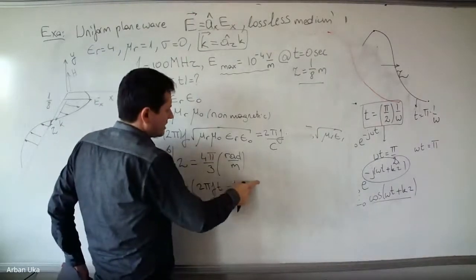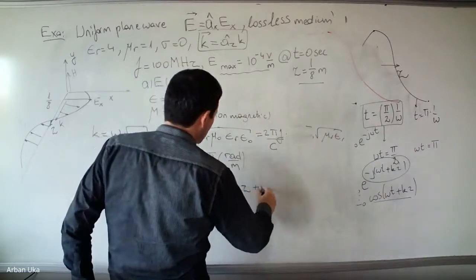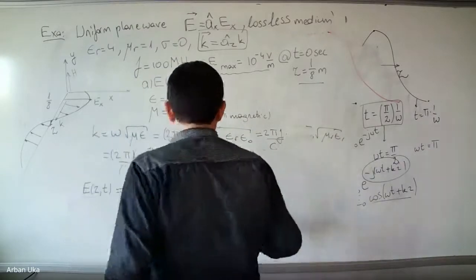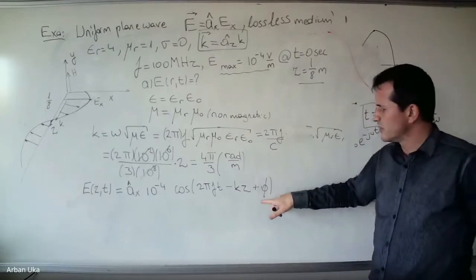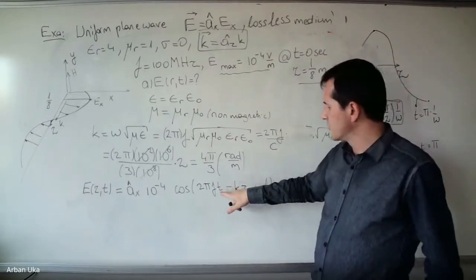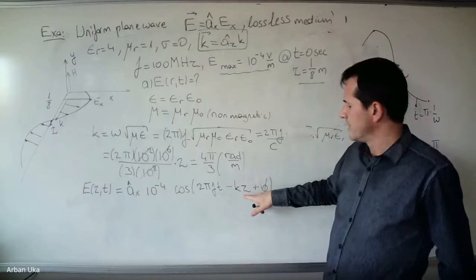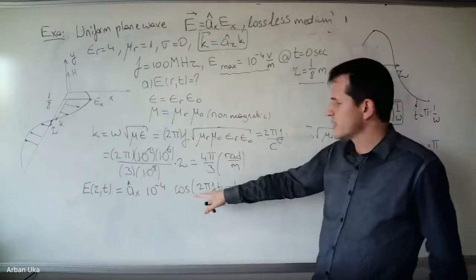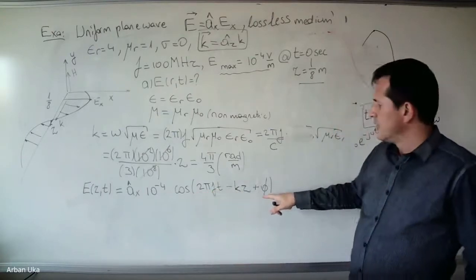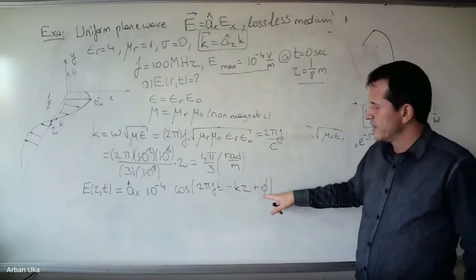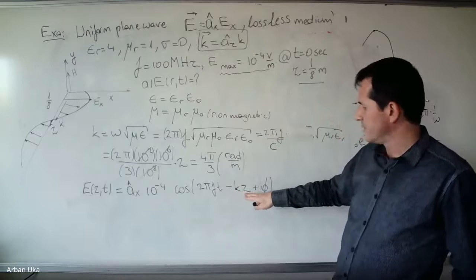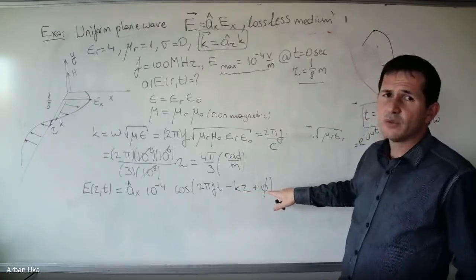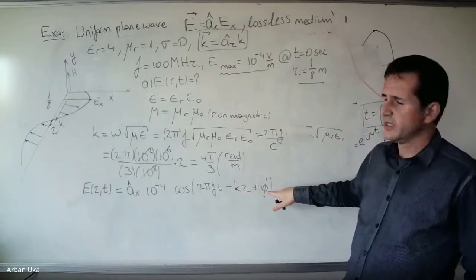So let's add here some phase, and why do we need this? Now, imagine for a moment that t is equal to 0 and z is equal to 0. This means 0, 0, cosine 0 is equal to 1. So if the wave is maximum at time t equal to 0 and z equal to 0, that means that the phi will be 0 also, okay?